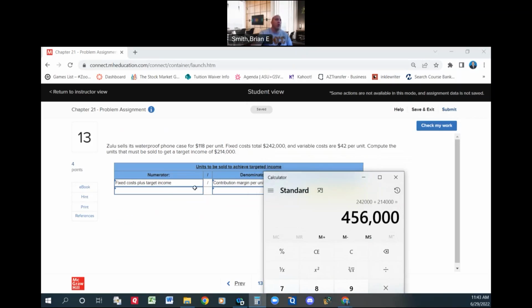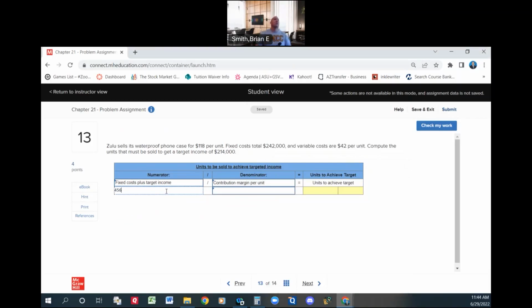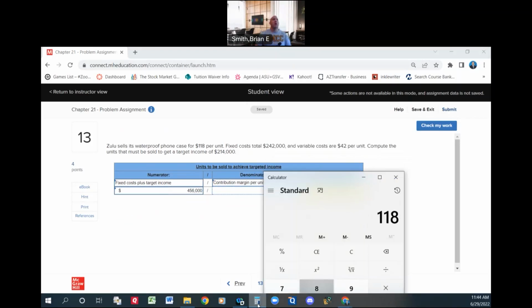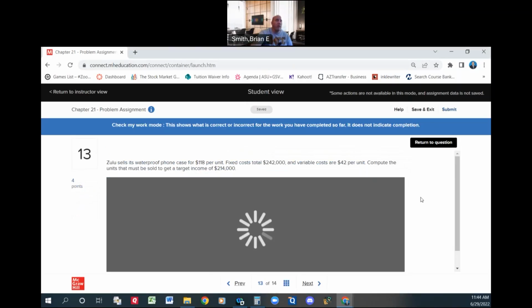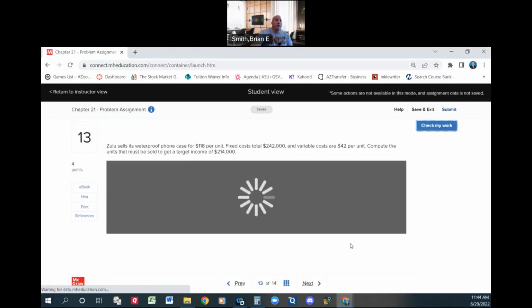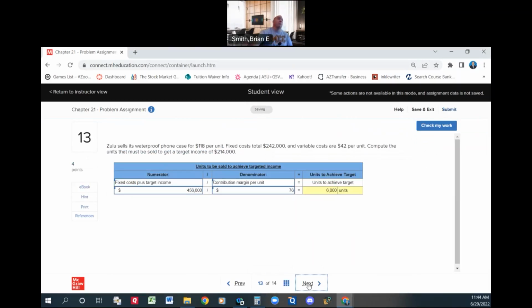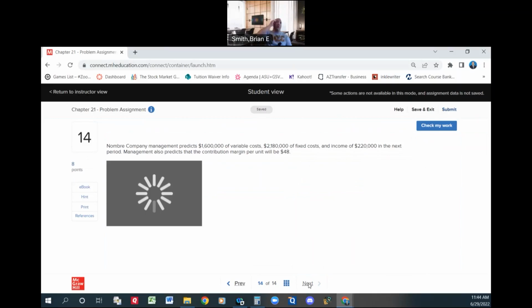So we have $456,000 here. Contribution margin per unit is going to be the $118 minus the variable costs, $76. Okay, we need to sell 6,000 units to achieve our target income. Perfect. And all of these homework problems are going to help you with the CVP case analysis we're doing, so be prepared for that.